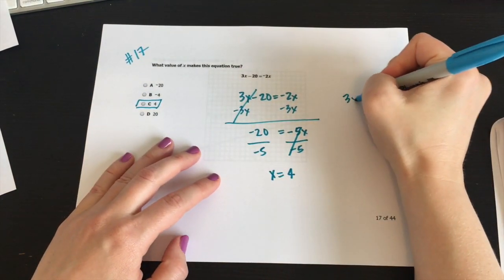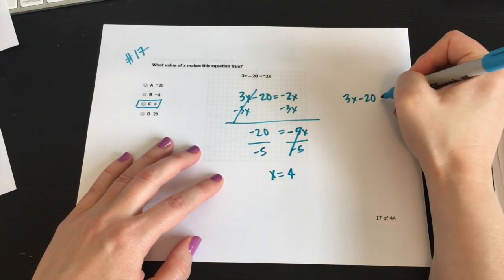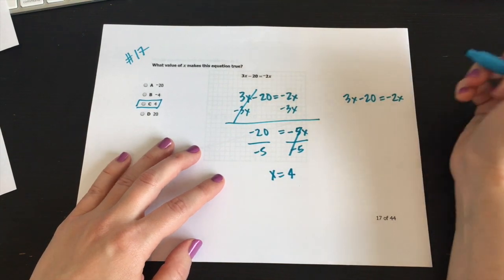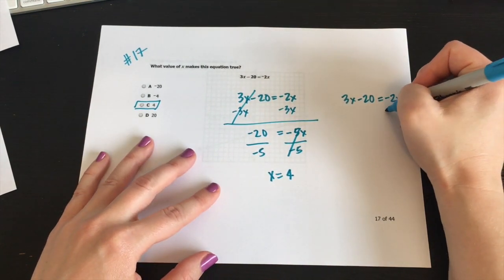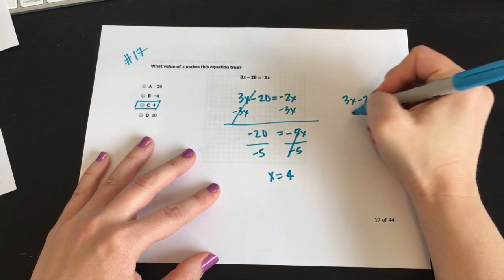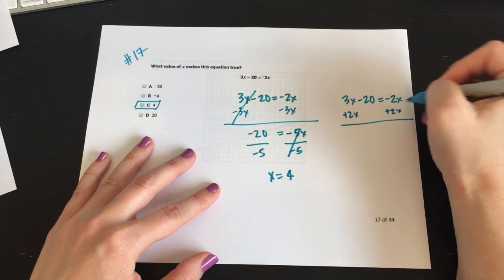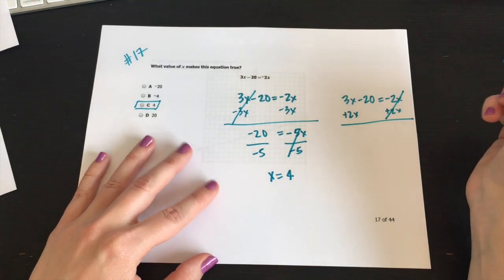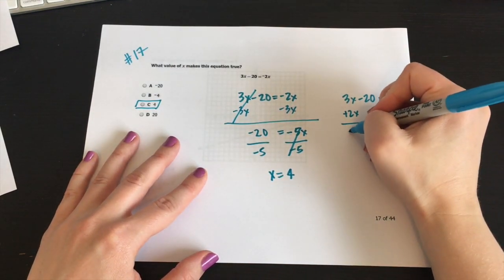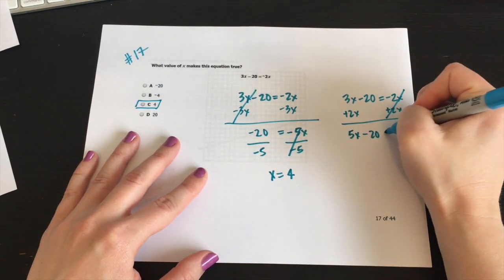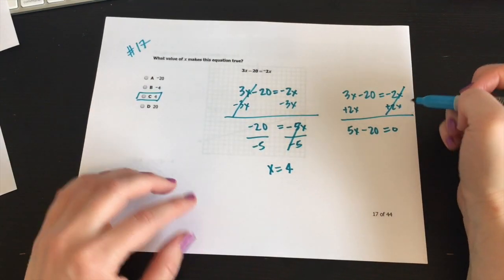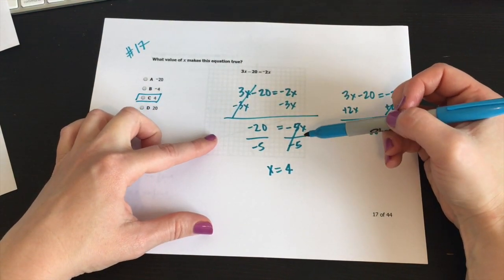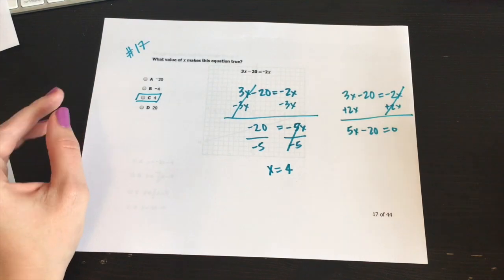What I was saying earlier, just to give you another perspective: if you were wondering why not just move the 2? You can do that, and I'm going to show you why. That's 5x minus 20 is equal to 0. You see how over here we were done right away. We just divided and we were done.